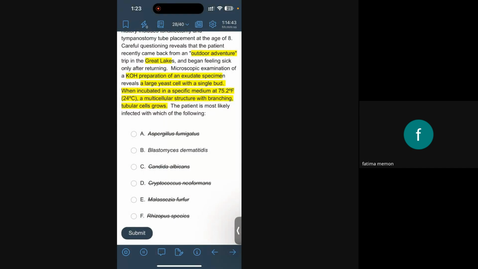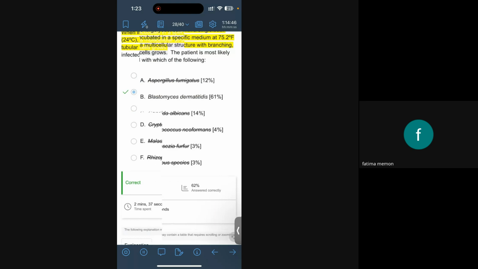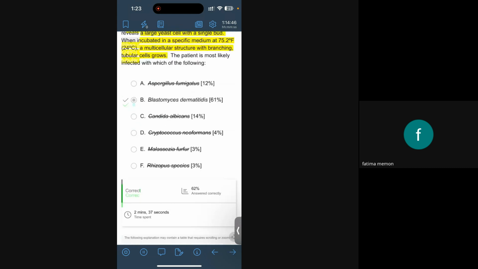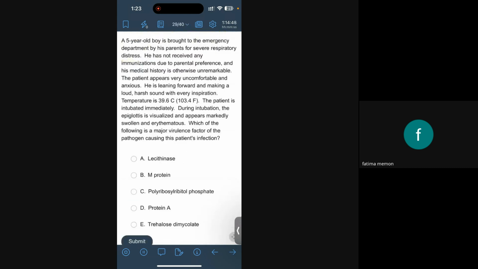Outdoor adventure, Great Lakes. So the right answer will be Blastomyces. Let's move on to the next one.